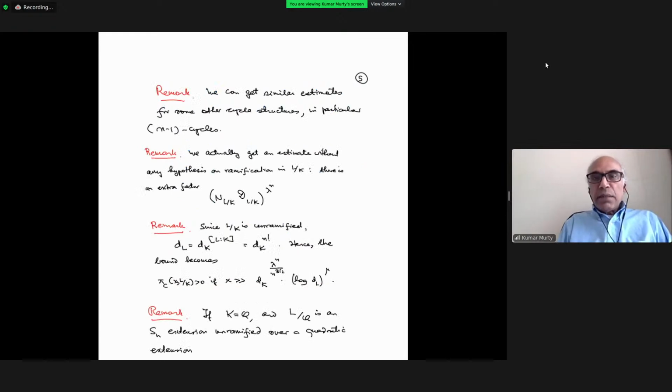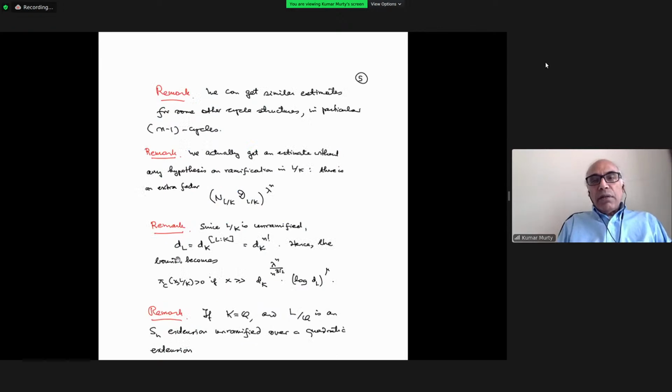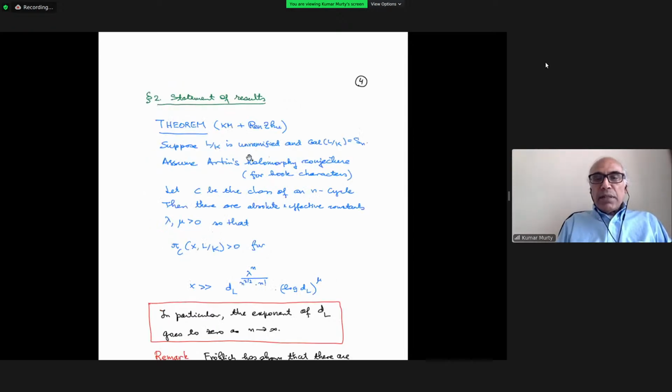So let me make some remarks about this. So first remark is that, well, we're looking at n cycles. We can do it for some other conjugacy classes as well. For example, we can do it for n-1 cycles. Here you see there's a hypothesis about this unramified thing. You may wonder why we put that in.